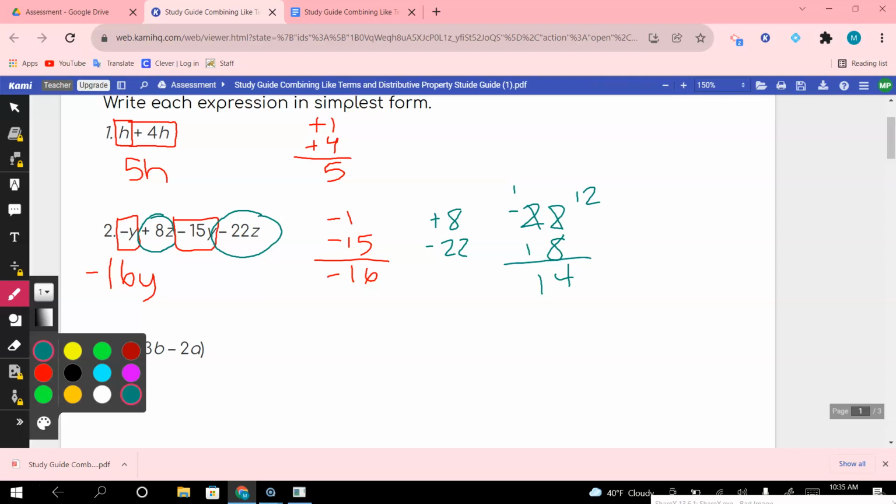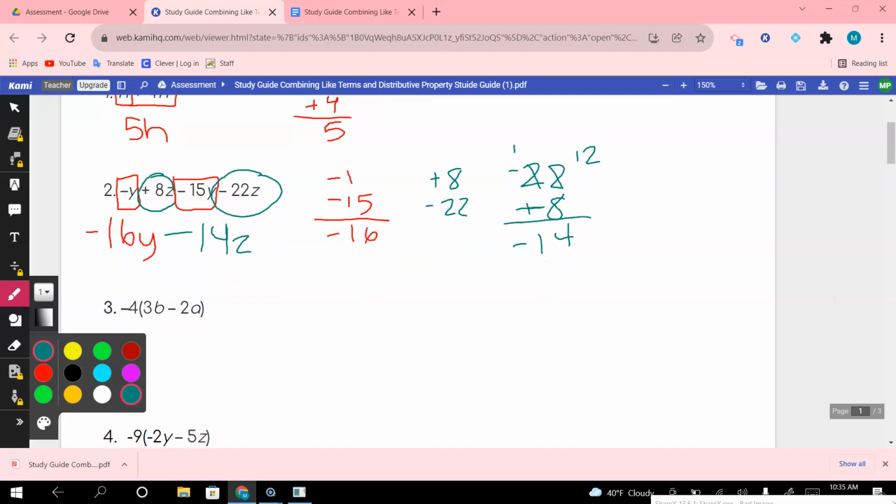The 22 had a greater absolute value, so my answer is going to be negative 14z. So my expression is negative 16y minus 14z. They are not like terms because they do not have the same variables, so I can't do anything else to them.